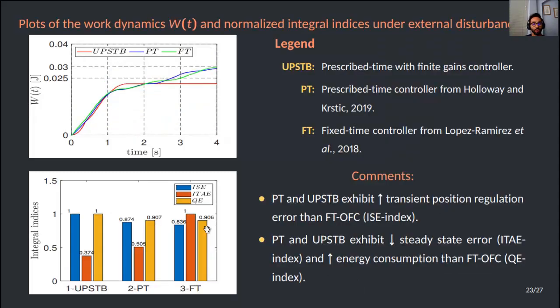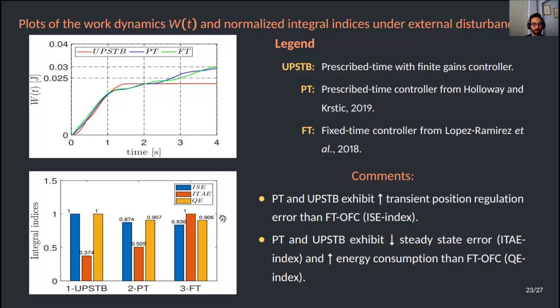Furthermore, the work dynamics developed by the UPSTB remains constant after a certain time, which is possible thanks to this regulation error precision, while the other two controllers show increased values in this time window, from 0 to 4 seconds.